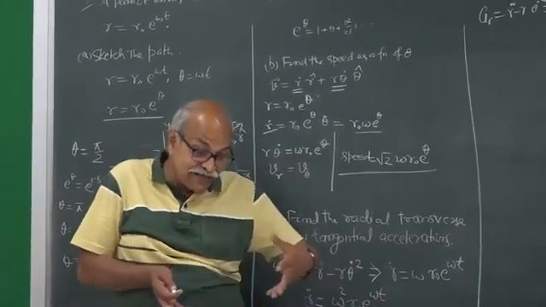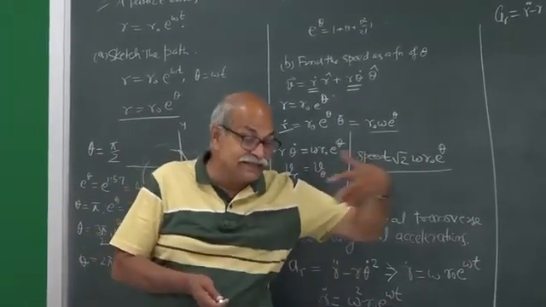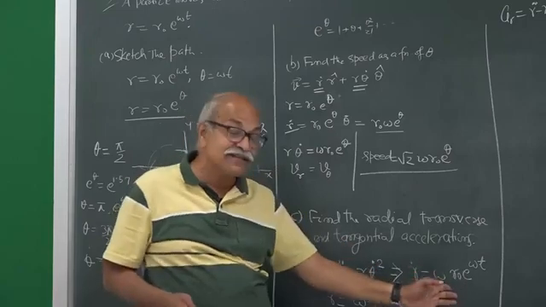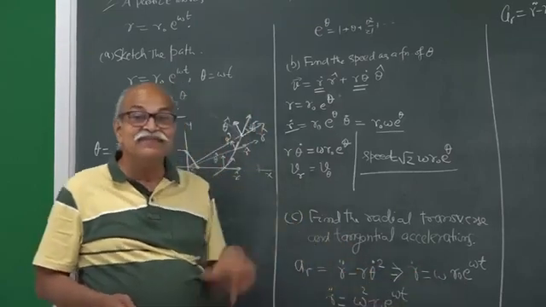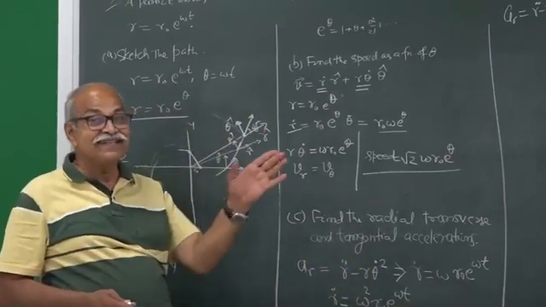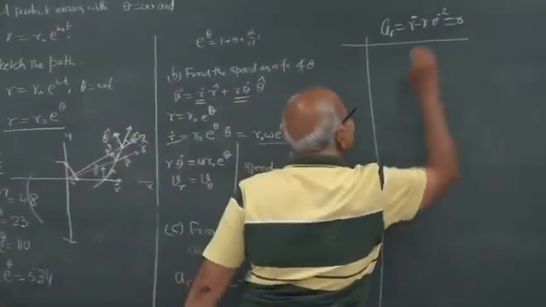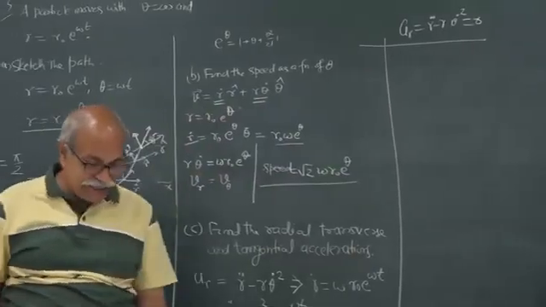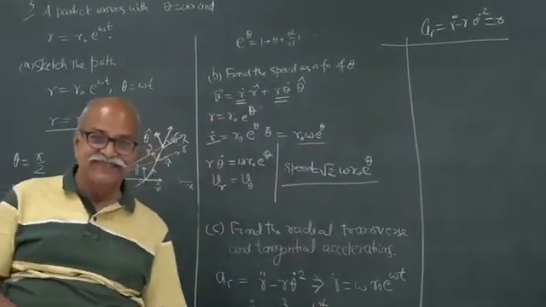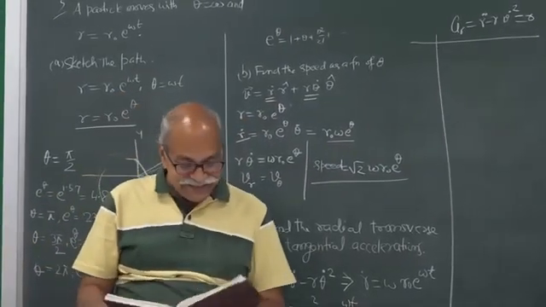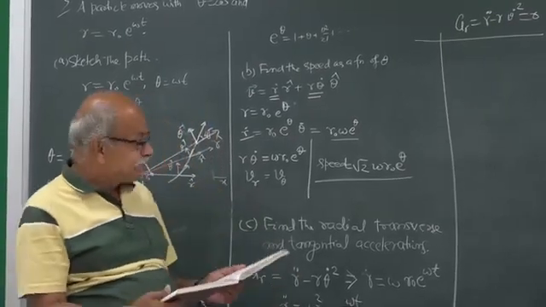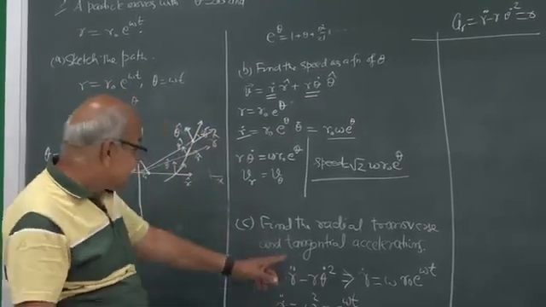So, the rate at which this distance is increasing is also increasing, but still the acceleration in the radial direction is 0. So, you can have motion in which r increases, r dot also increases, but the radial acceleration is 0.